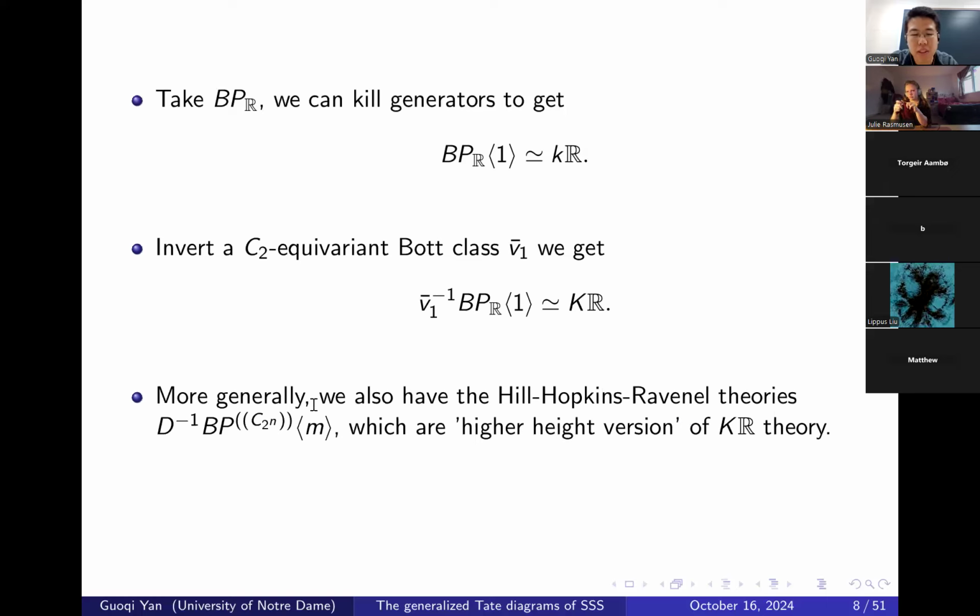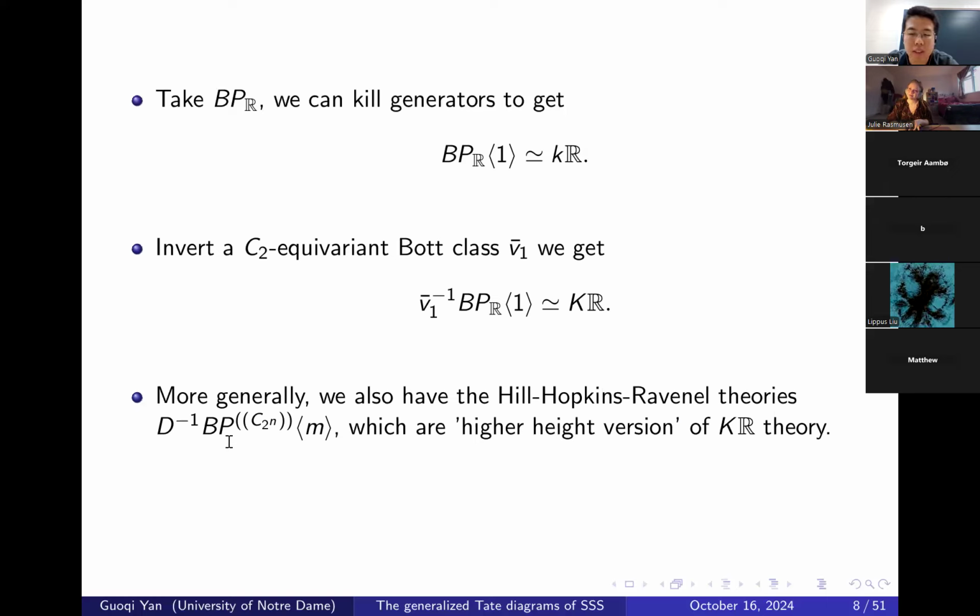And more generally, we can mimic the above process and get the Hopkins-Ravenel theories of the following form. So D inverse BP C2^N. So this BP C2^N, as we talked about before, is a normed up version of BP. And similarly, we can just take quotients and invert some higher Bott class.